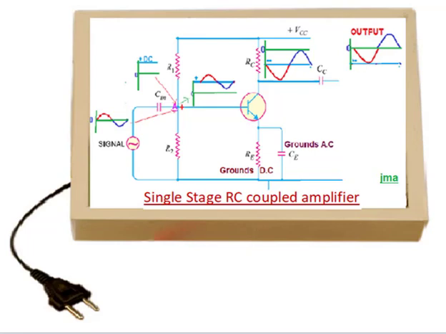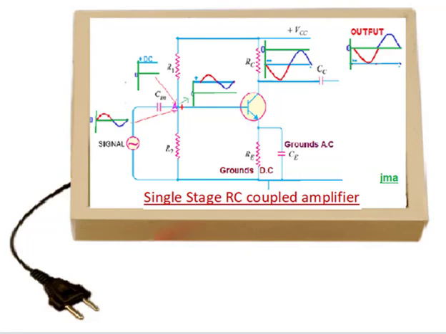In class C, only a part of the input waveform appears as output. And there are more modes available: common emitter mode, common base mode, and common collector mode.